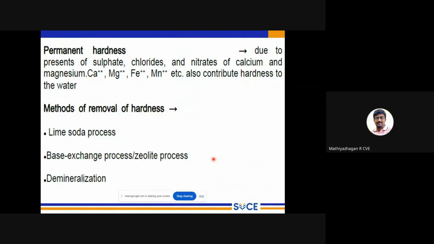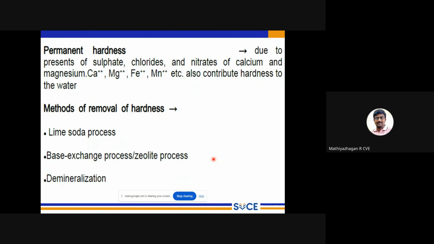Then permanent hardness is mainly due to the presence of sulfates, chlorides, and nitrates of calcium, magnesium, ferrous, and manganese. So calcium chloride, calcium sulfate, magnesium chloride, magnesium sulfate, ferrous sulfate: these are all permanent hardness.